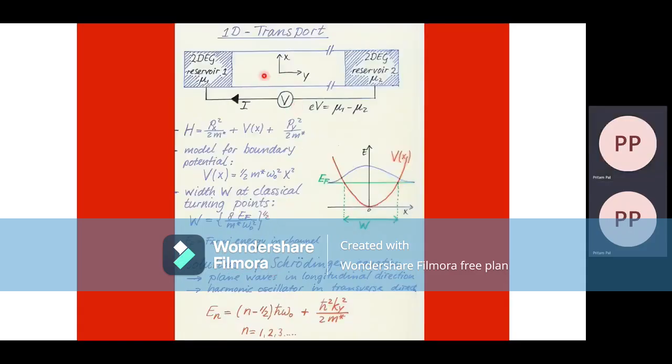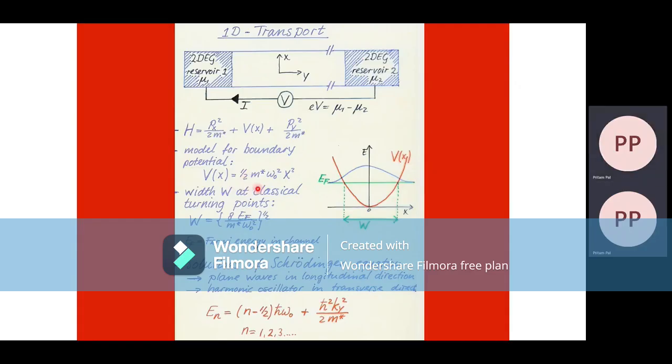So the proper treatment of this problem, because the confinement is a little bit smooth, is to solve the Schrodinger equation in two dimensions, x and y, and to include the saddle point potential in the x dimension. It can be approximated by a parabolic potential here, which would yield the following for the classical width of the contact.